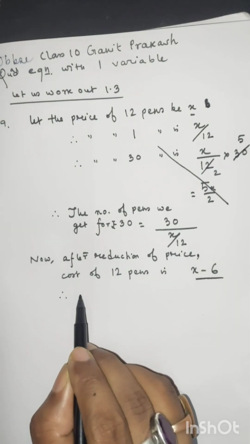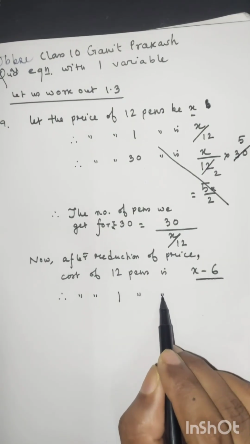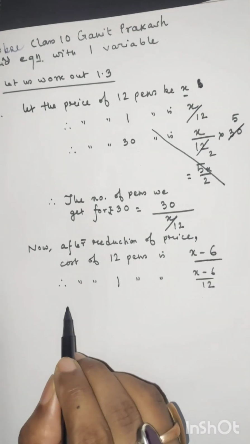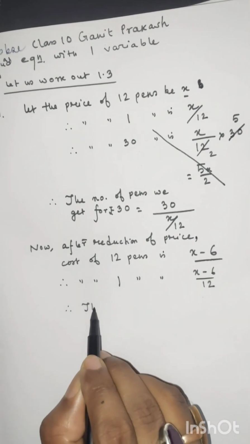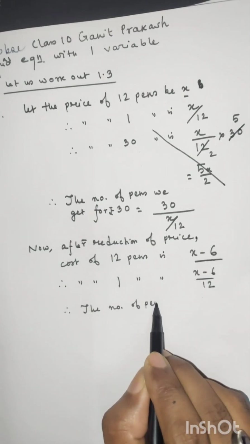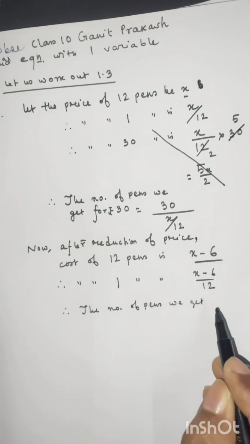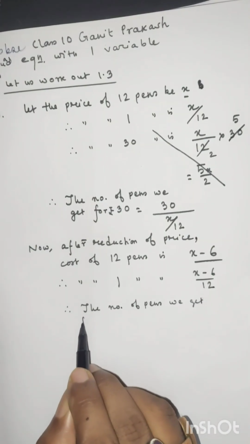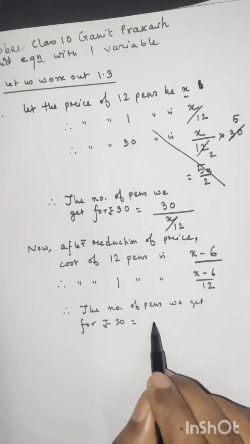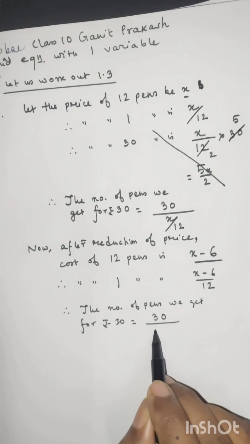Therefore the cost of 1 pen is x minus 6 by 12. Therefore the number of pens we get for rupees 30 is equal to 30 by the price of each pen.